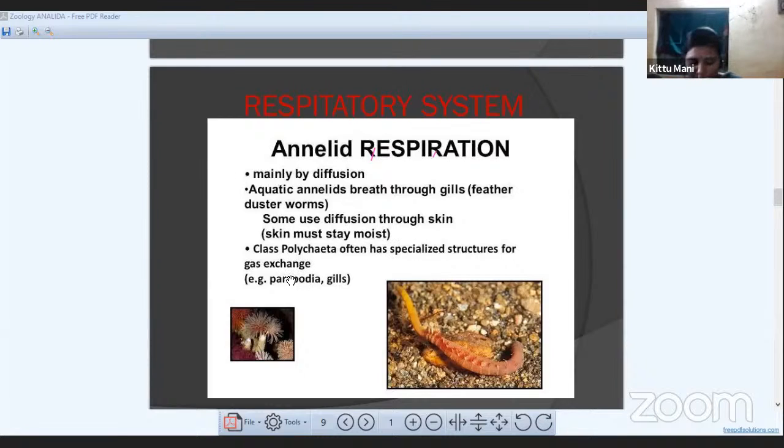The next, what about digestion? We already saw a developed digestive system in the nematode helminths, meaning tube within the tube organization.